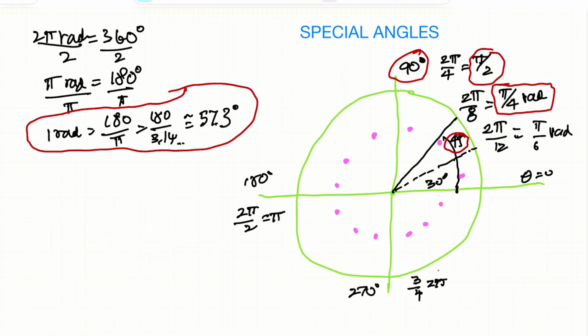We're just looking at the fraction of what 270 is of 360. It's 3/4. So that is going to be 6 pi divided by 4, and that's going to be 3 pi over 2 radians is equal to 270. So our 270 degrees is the same as 3 pi over 2 radians. Those are some special angles. There's others too, just anything that's a 30 or 45 degree multiple.